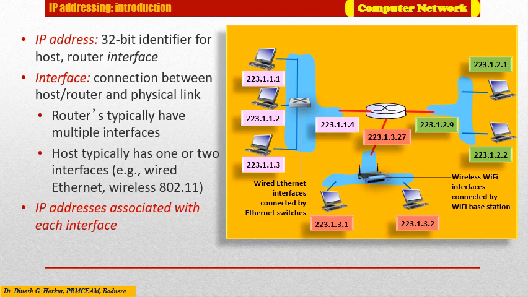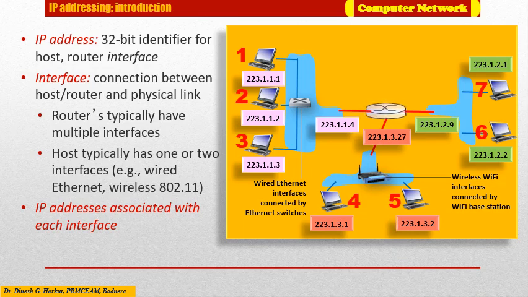This figure illustrates IP addressing and interfaces. Here, one router with 3 interfaces, indicated by red lines, is used to interconnect 7 different hosts, that is host number 1, 2, 3, 4, 5, 6, and 7.